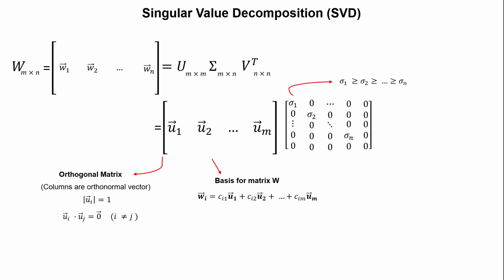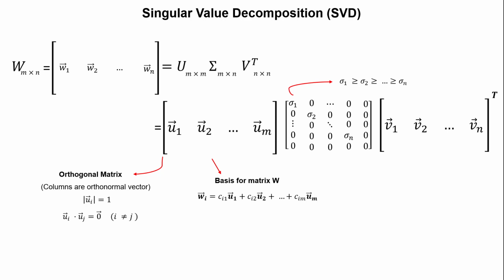So sigma 1 is larger than sigma 2, and so on and so forth. The last matrix is the transpose of the V matrix, which, all you should know for now, is also an orthogonal matrix.